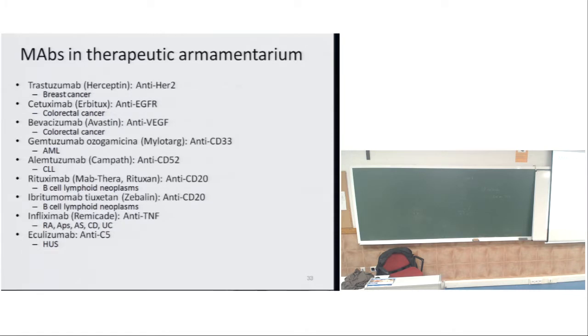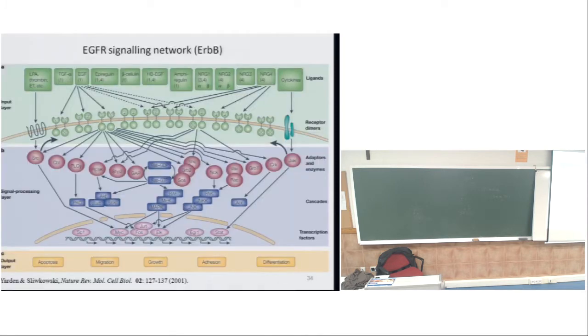This is a very simple list. Actually, it's much longer. A little bit about trastuzumab, because we have seen in the neoplasia topic that HER2 is a tyrosine kinase receptor that is amplified in a subset of breast carcinoma, and it participates in a pathway inducing apoptosis and migration.